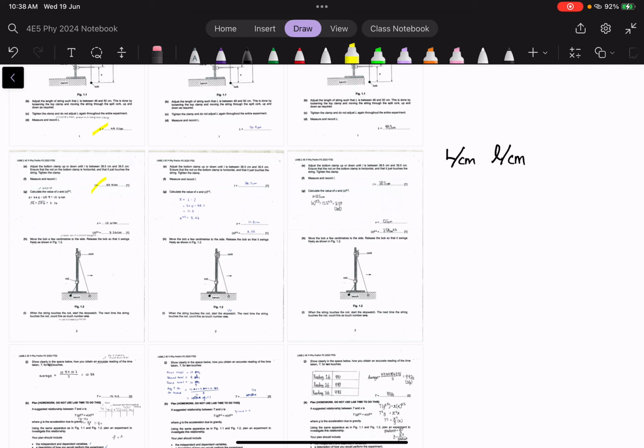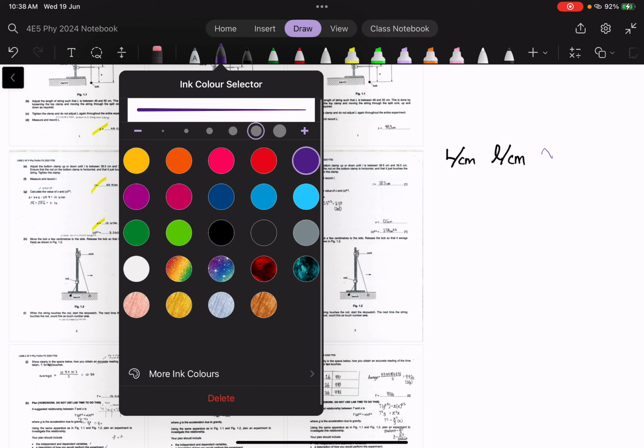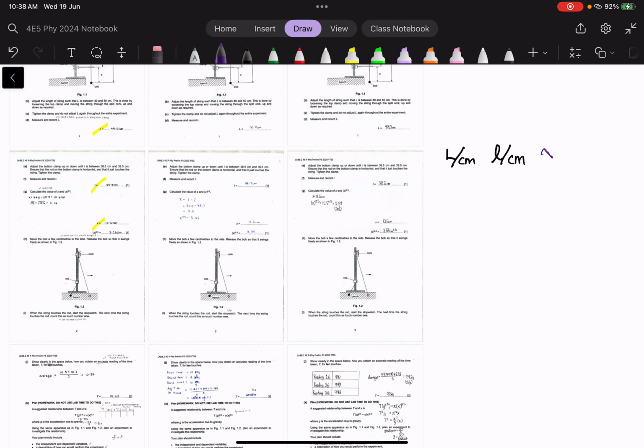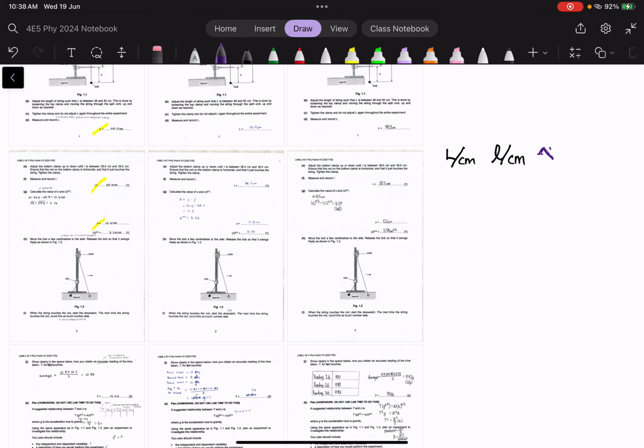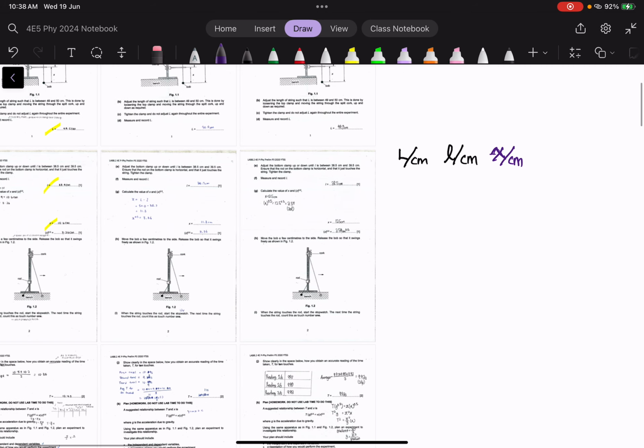Then after that, the question then leads me to do some calculation. So I will use a different color pen in my exam. I will use a different color pen to remind myself what are calculated values, what are measurements. So I got x. Then after that, it tells me to find this square root x. Then I have square root cm.